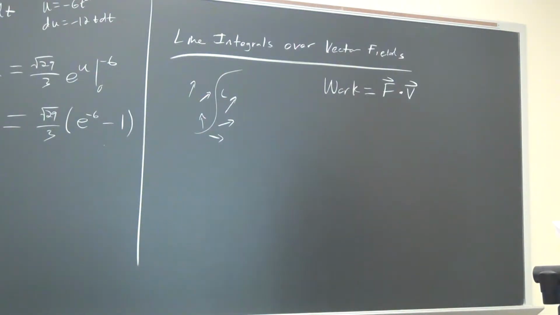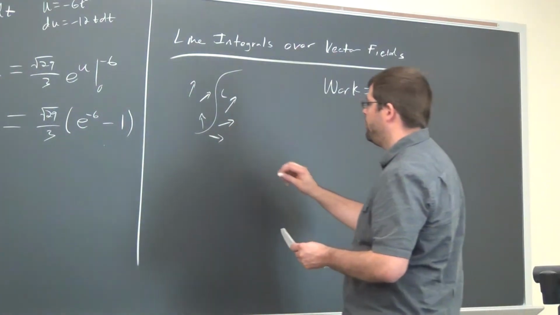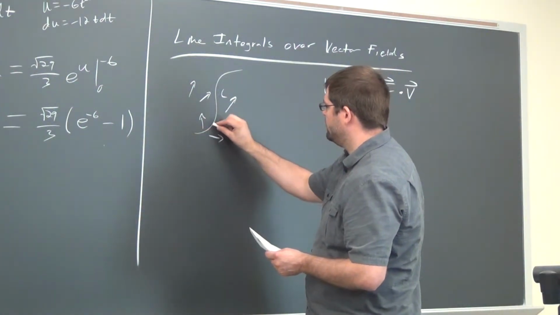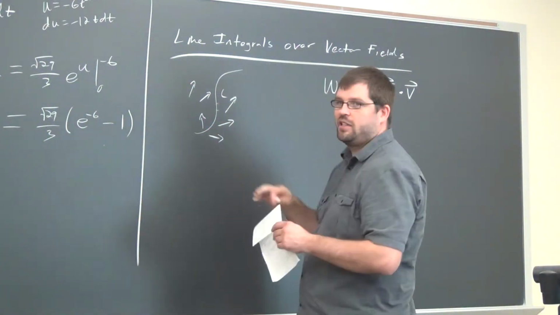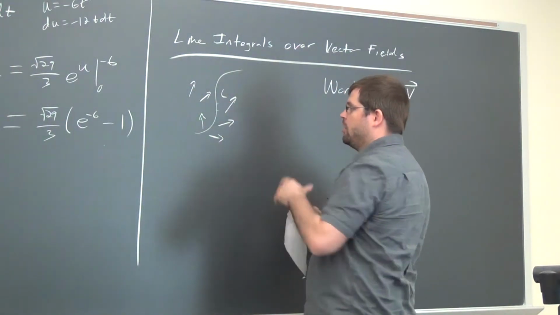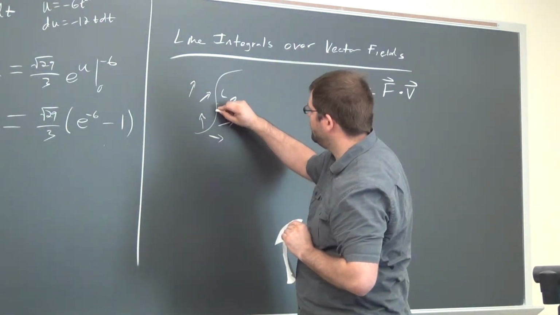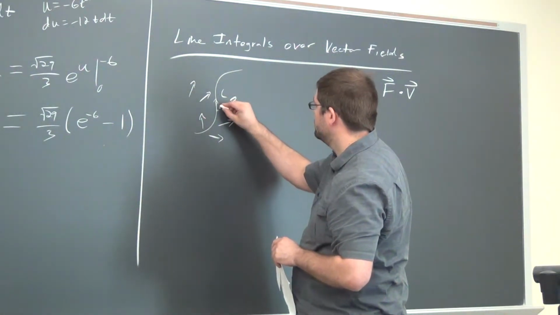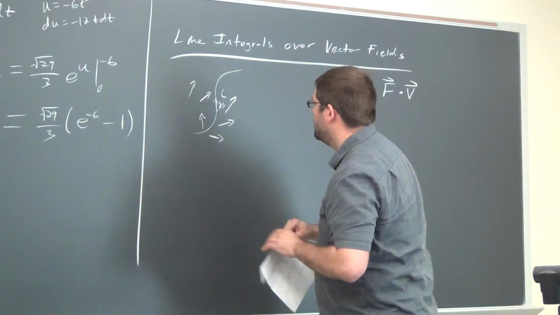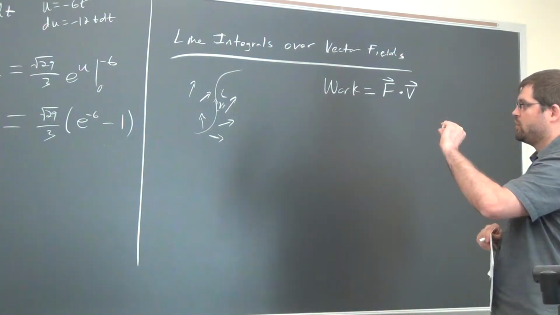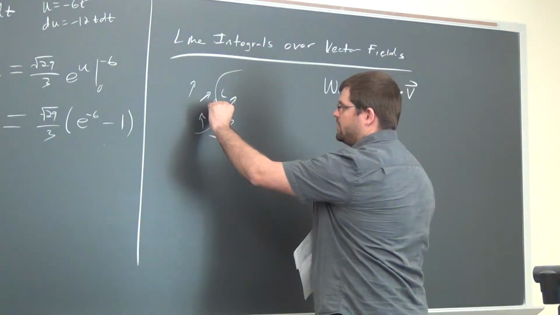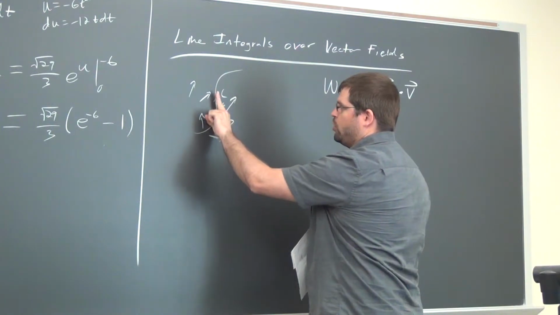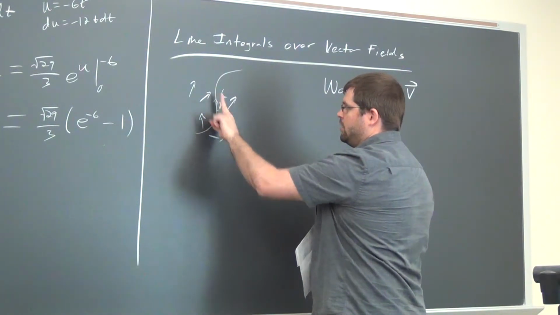And so if you have this little curve, if you break it up into a bunch of little pieces and then just assume your direction is constant on each piece, that direction is essentially what your ds is representing. Your change in arc length is this distance here, right?